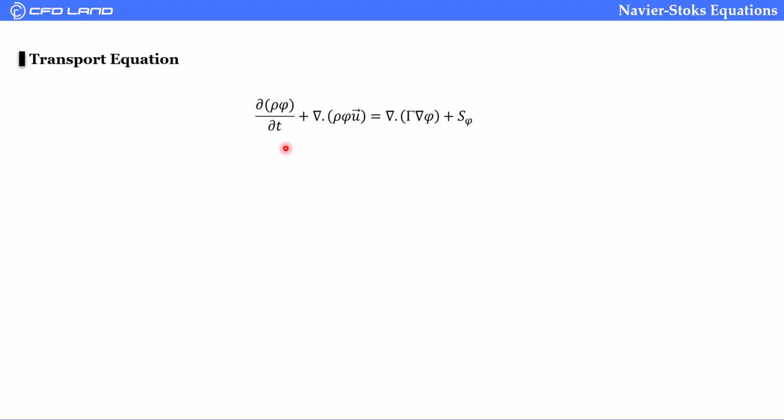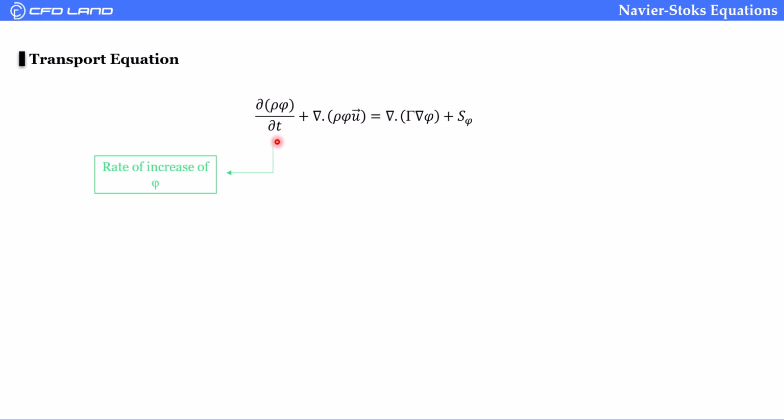If we check all the equations that we have derived up to now, continuity, momentum, or heat transfer, we can see that they all have a similar form: partial rho phi partial t plus gradient dot rho phi u equals gradient dot gamma gradient phi plus source term.